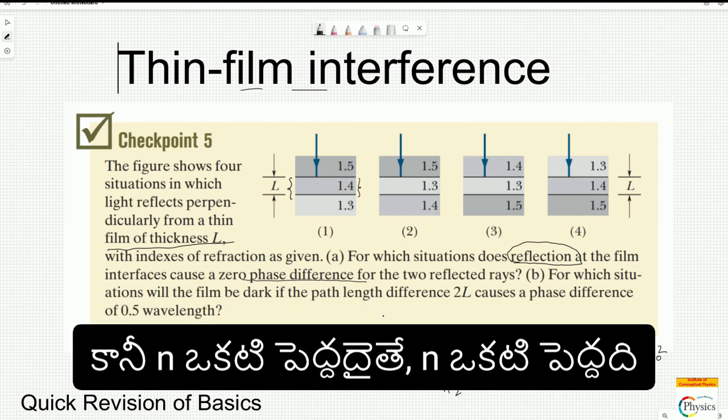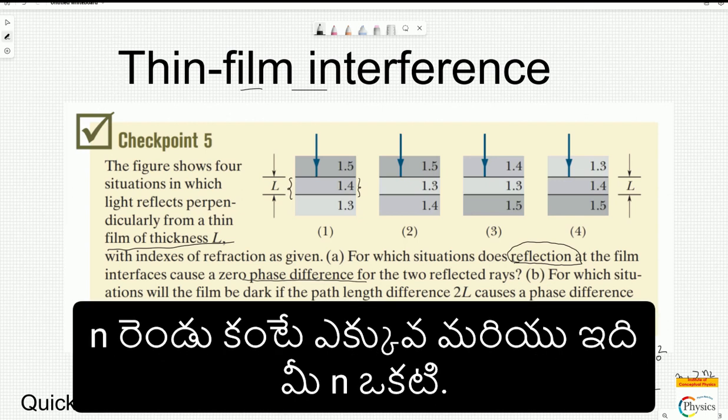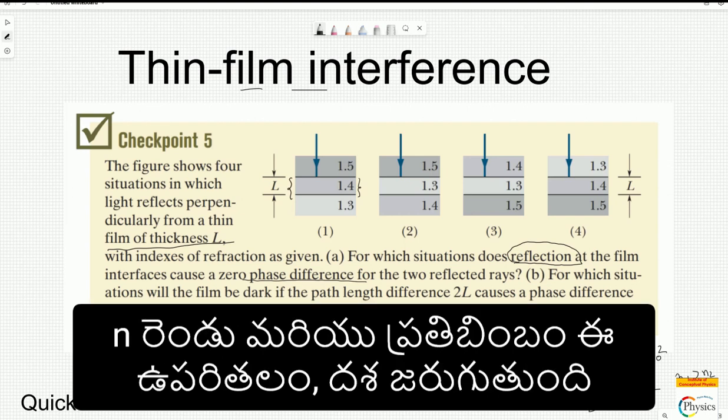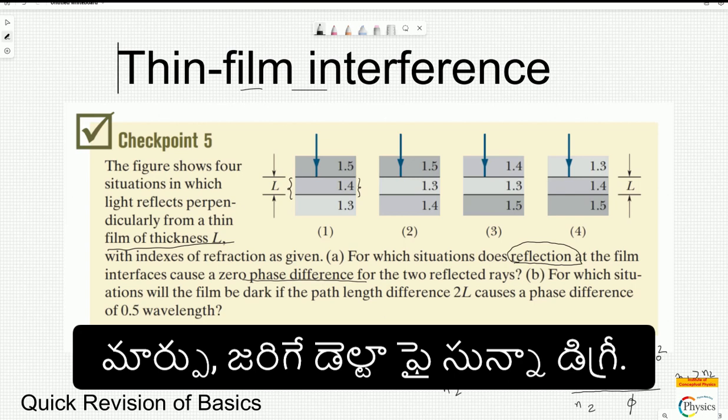But if n1 is greater than n2, and the reflection happens off this surface, the phase change, delta phi, is 0 degree.